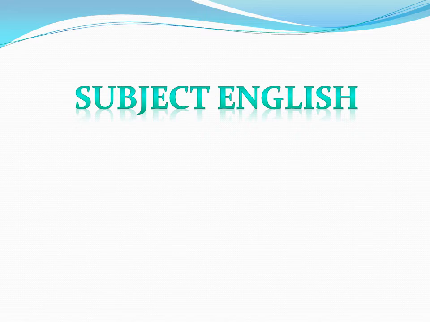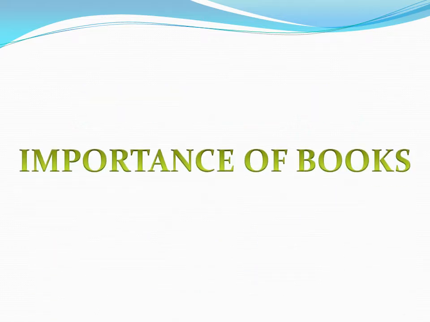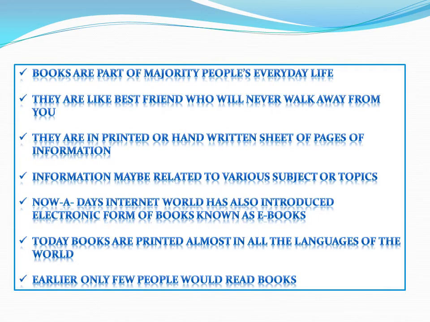Today we are going to start the subject English composition: Importance of books. Dear children, you all know how to write a composition. You write a composition in three parts, in three paragraphs.